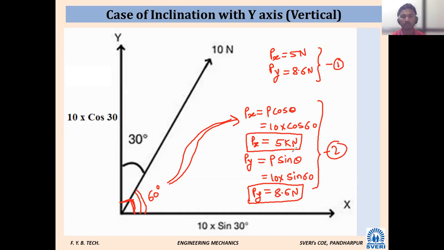We are not going to use this method, because with whichever inclination is given, let us continue with that only, because it is not always feasible to calculate the inclination of that force with the other axis. So whatever I have told earlier, let us continue with that. Don't worry: if inclination is given with the x-axis or with a particular plane, take along that plane whatever component you are going to take, the cosine function.